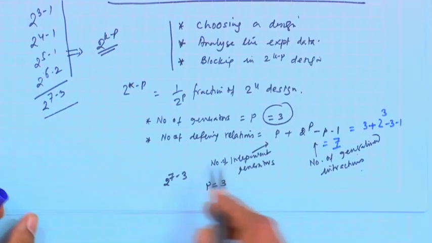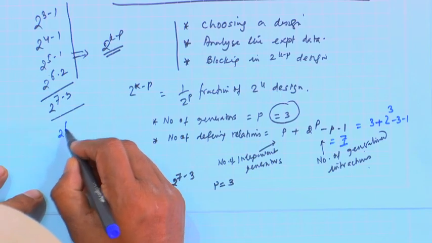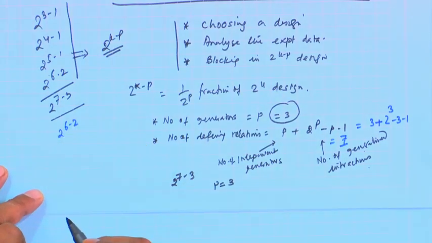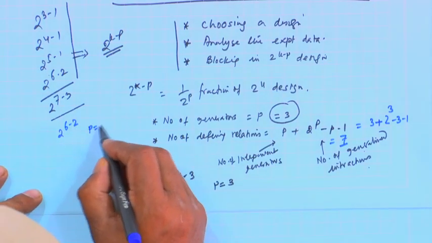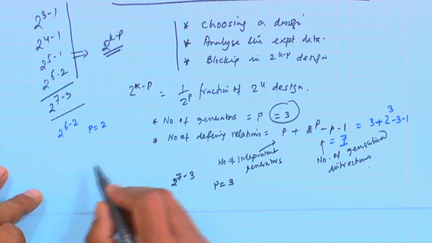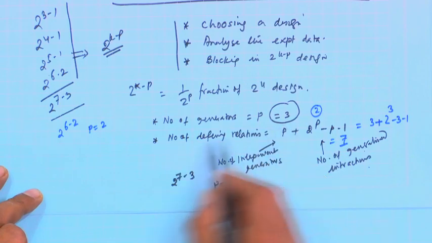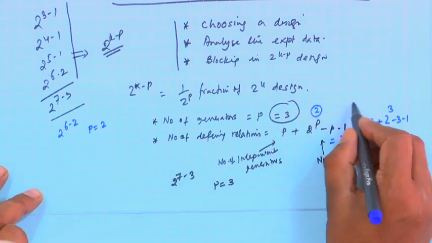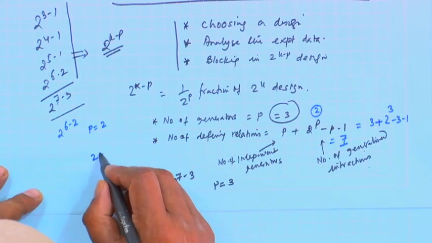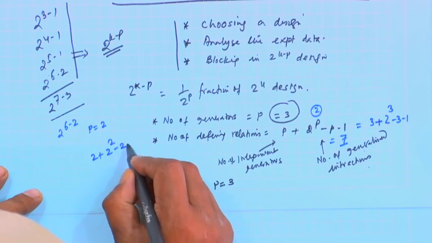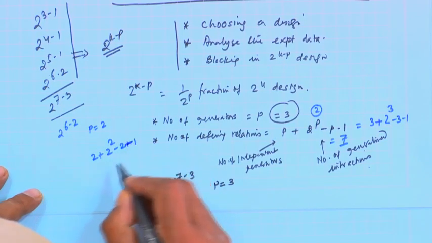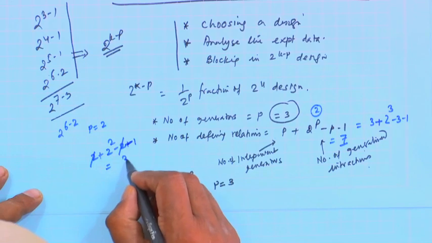Suppose your case is 2 to the power 6 minus 2, then p equal to 2. So, the number of generators will be 2 and the number of defining relations will be 2 plus 2 to the power 2 minus 2 minus 1. So, the 2s cancel out, that means 3.